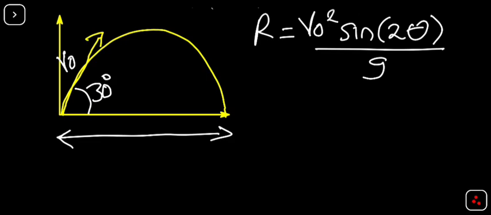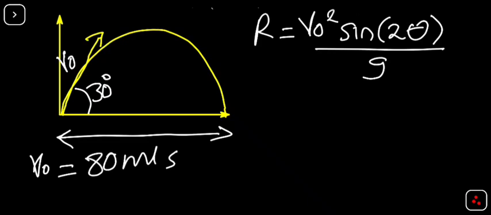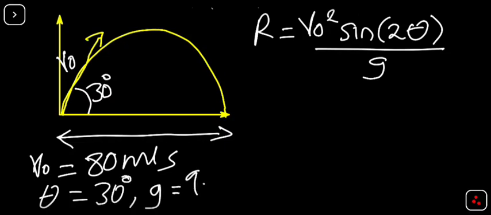Okay, and we know that acceleration due to gravity is 9.8. So you just plug in your values. We know that v naught is 80 meters per second, theta is 30 degrees, and g is 9.8 meters per second squared.